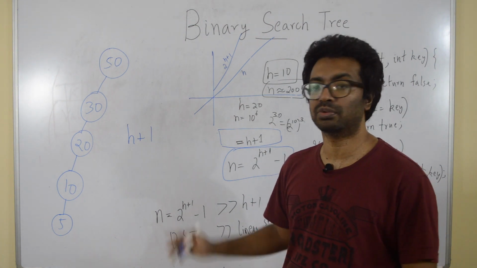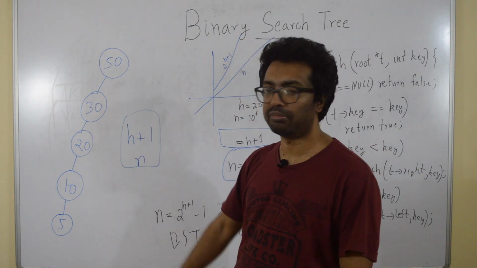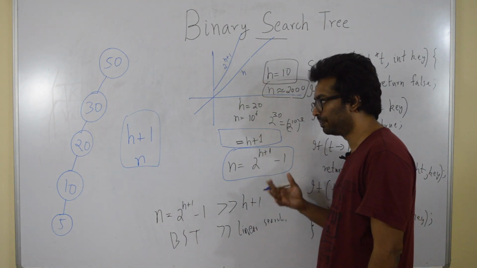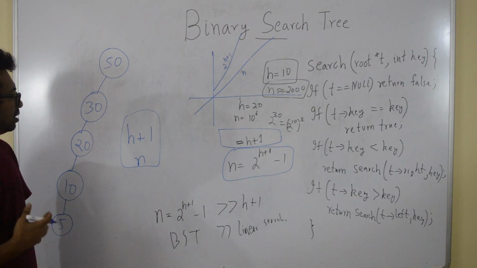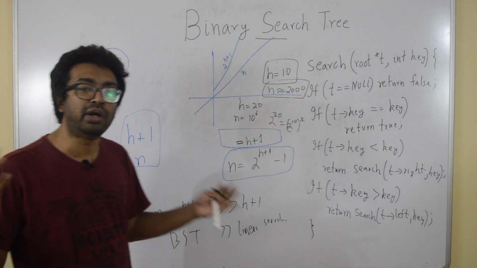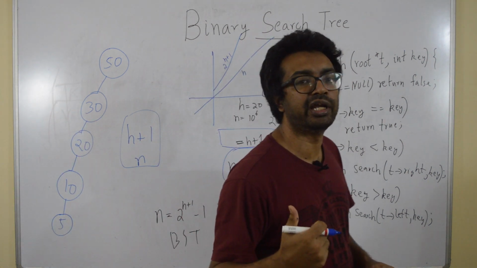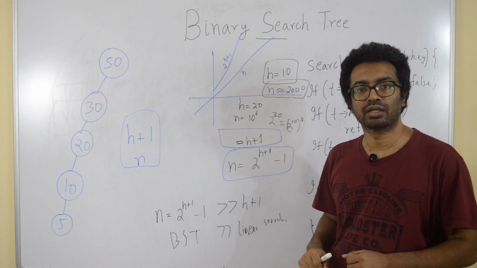But what is h plus 1 in this graph? It's the same as n, right? So the number of nodes and the height are the same, and therefore there's no advantage if my binary search tree is this.